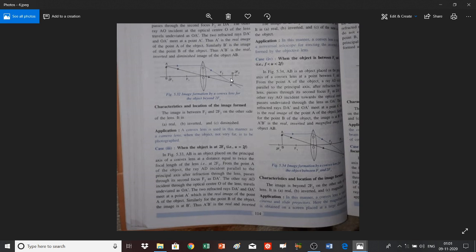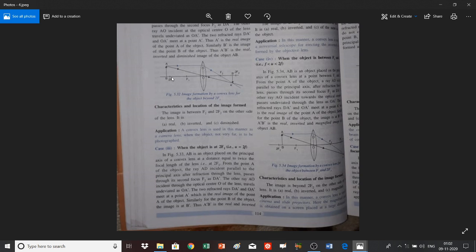I know that this parallel ray, after being refracted by the lens, will pass through the second principal focus point, so through this point, and this refracted ray will pass in this direction. So this refracted ray and this refracted ray will meet at the point A. So the image of the point A is formed here at A prime.